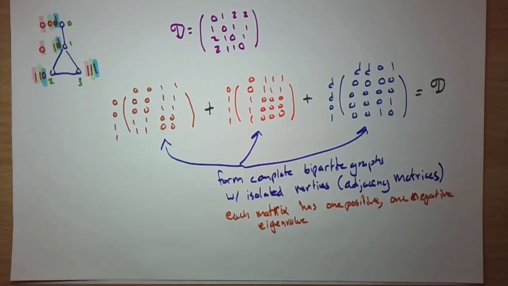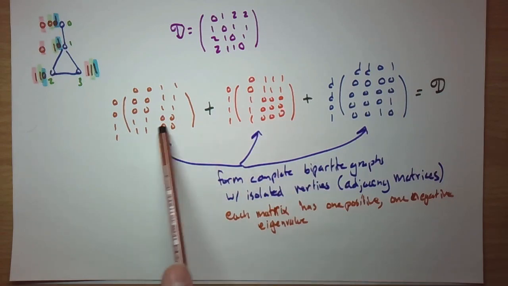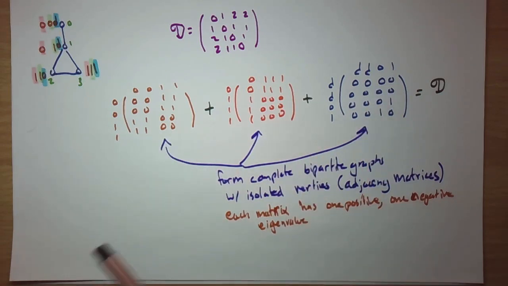And so a labeling is now a decomposition of our graph into these nice pieces. But moreover, it's a decomposition where each one of them has only one positive eigenvalue and only one negative eigenvalue.